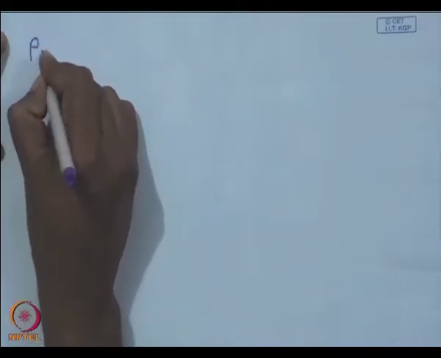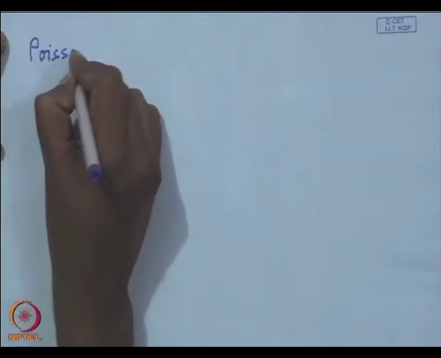Similarly, another parametric probability distribution, which is widely used in some applications, is what is called Poisson distribution.